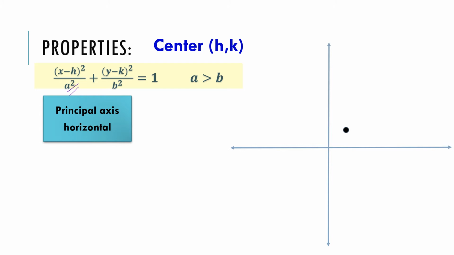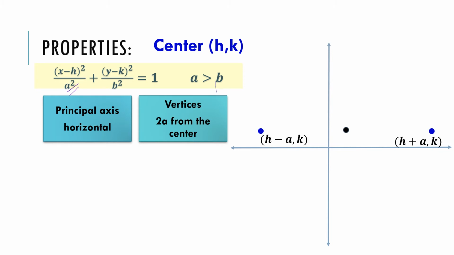Nakahiga. Next. The vertices is A from the center. So, from H, K, ipod ka ng A units to the left and A units to the right. Bakit to the left, to the right, hindi up and down? Kasi nga horizontal yung ating orientation ng ellipse. Anong formula na to?